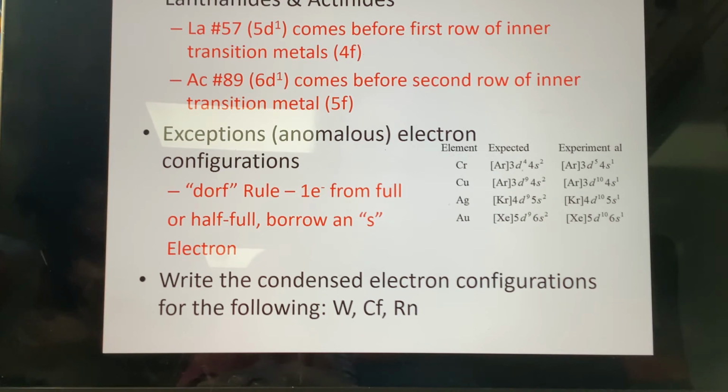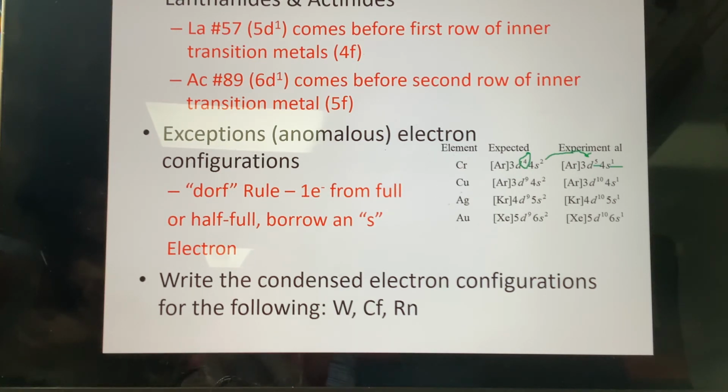Like chromium would end where it's positioned normally, as 3d4. Mother Nature doesn't like that, so it takes one of these s electrons and gives it to the 3d sublevel, so then we have 3d5, 4s1. So chromium would actually only be considered to have one valence electron.